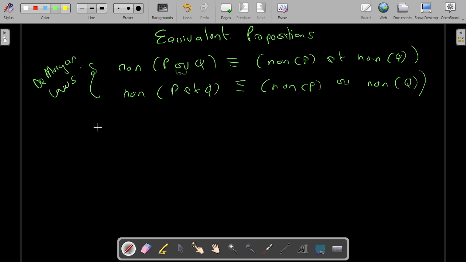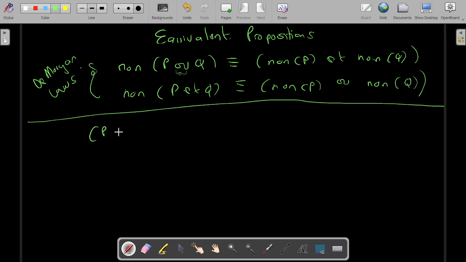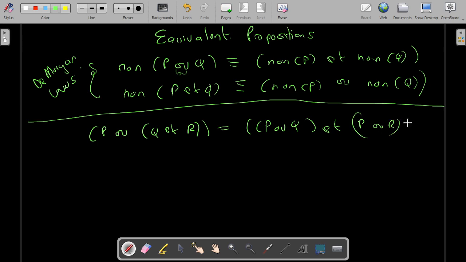So I'm going to put a line here, and I'm going to say P or (Q and R). Well, this is going to be equal to (P or Q) and (P or R). How you can remember this or how you can read it is, this is distributivity of the OR operator with respect to the AND operator.